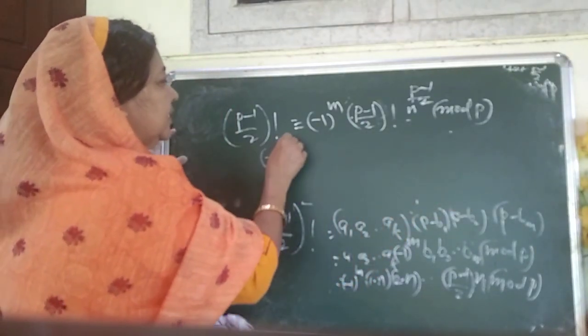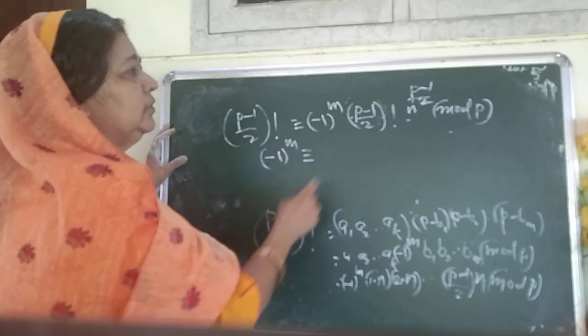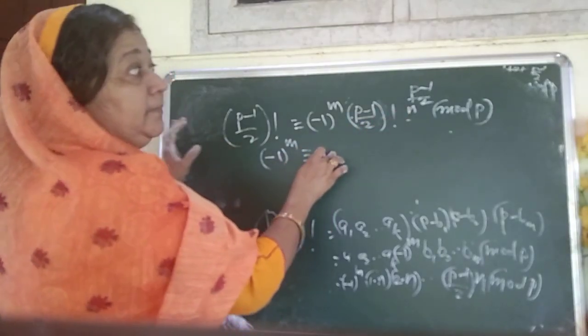Therefore, minus 1 raised to M is congruent to N raised to P minus 1 by 2.